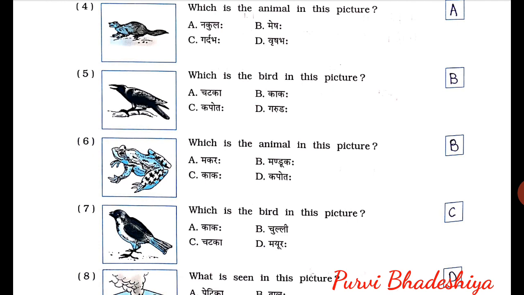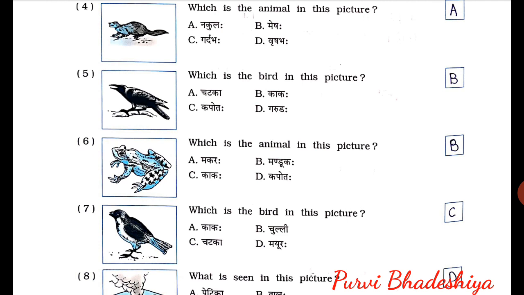Nakulah. A. Nakulah. Fifth picture is of a crow. So, they have asked a question, which is the bird in this picture? And the answer is B. Kakah. B. Kakah. Sixth one, which is the animal in this picture? And the answer is B. Mandukah.